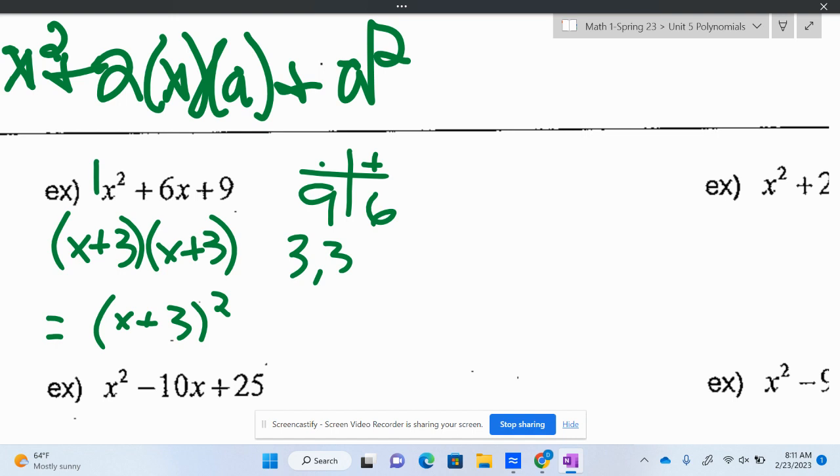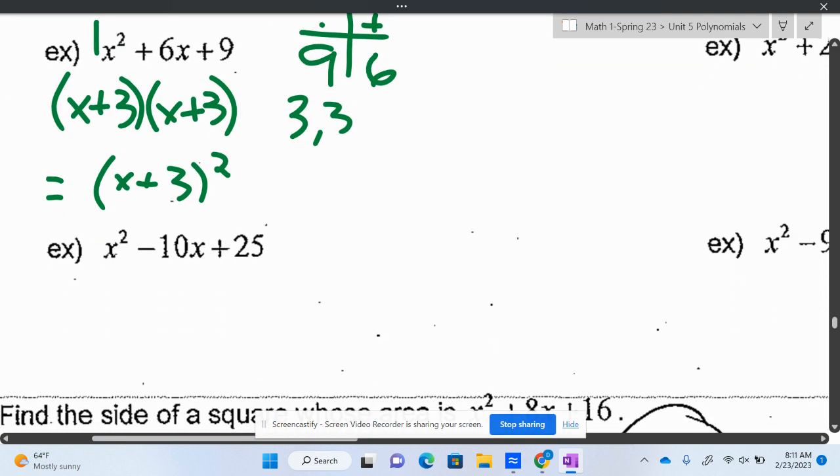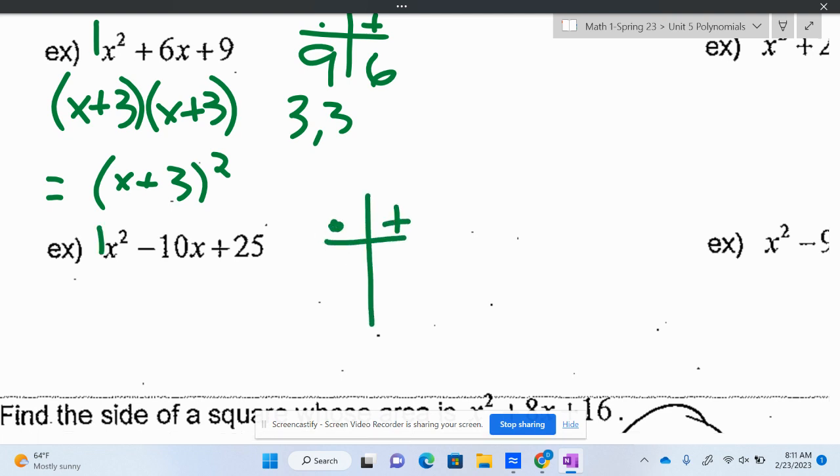I'm going to go down to the one right below it. Okay, so negative 5 times negative 5. Let's fill out our times plus chart first. What two numbers are we multiplying to? A times C is 25, and they have to add up to negative 10.